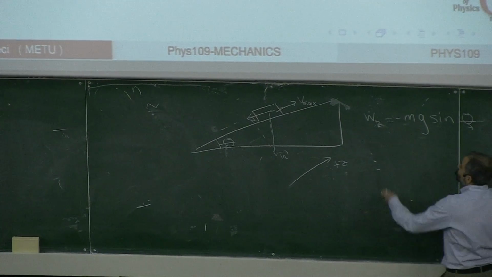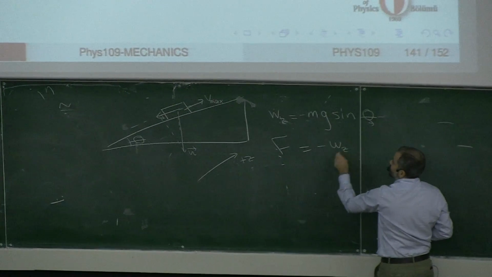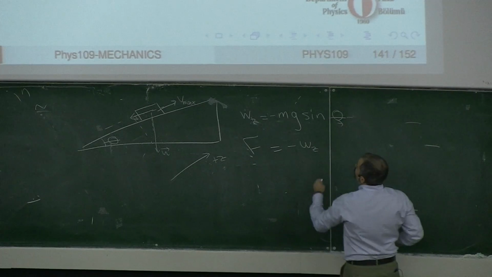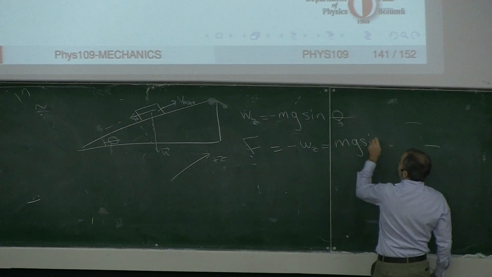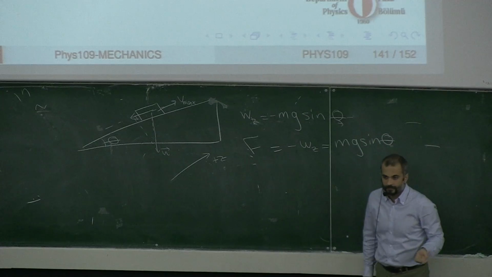So the force created by the engine should be equal to minus this force, minus because it should be in the opposite direction. So it should be equal to m times g times sine of theta. This is the force that the engine should provide.